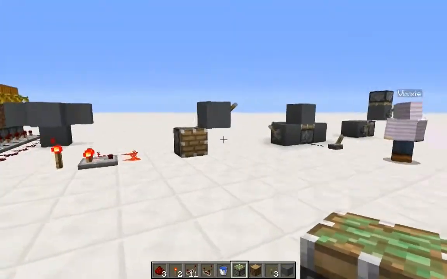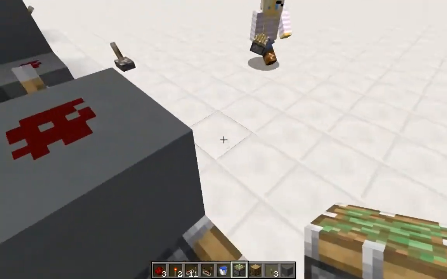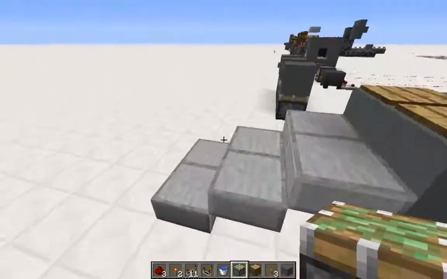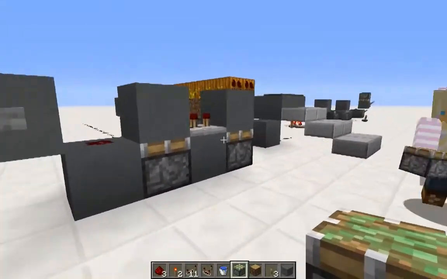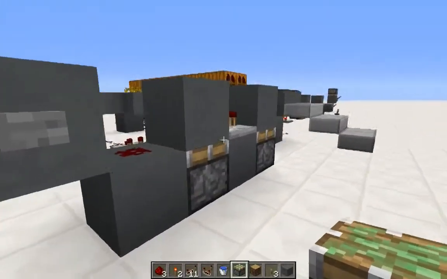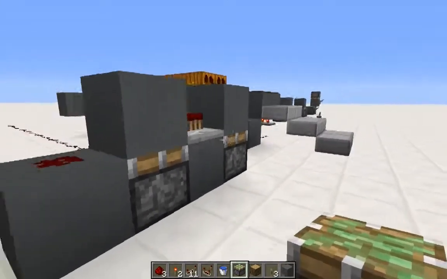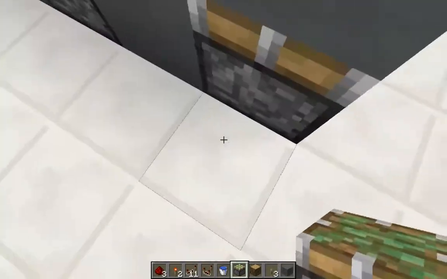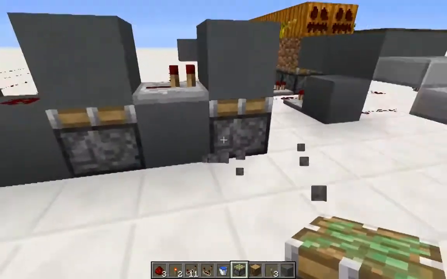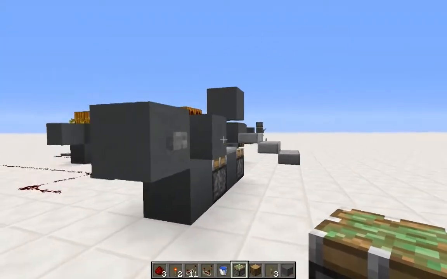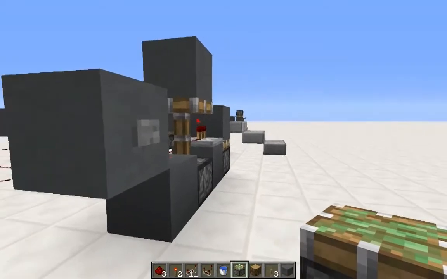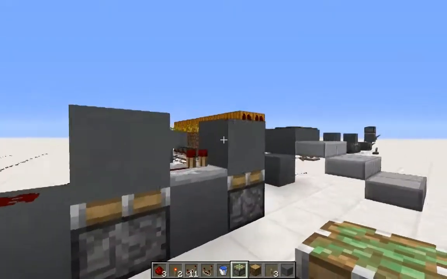All right. Before I get to this example here, let's do another review of sorts. Over here I have a monostable circuit, and with one tick, you'll see the sticky piston over here is just going to extend that block with the first pulse, and the second pulse is going to pull it back.